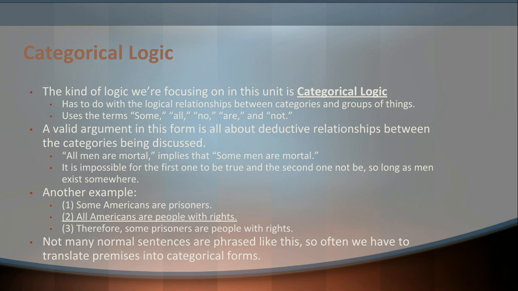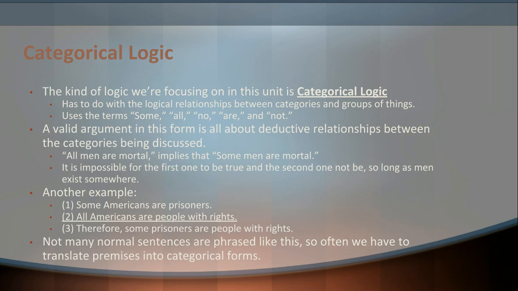Now, valid argument in this system is all about the deductive relationships between the categories being discussed. When we talk about deductive relationships in either the book or the lectures, we're talking about relationships that necessarily are the case, ones that you can be sure about. There is no probable inference between these things.